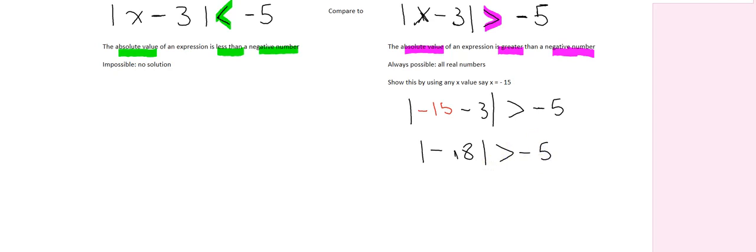The absolute value of negative 18 is positive 18, and 18 is greater than negative 5, which turns out to be correct.